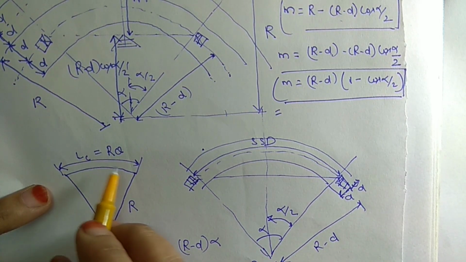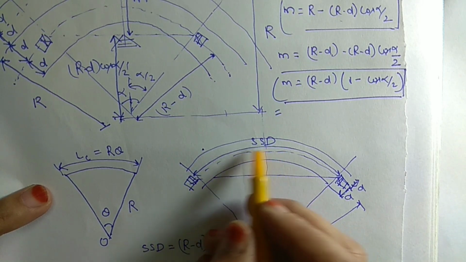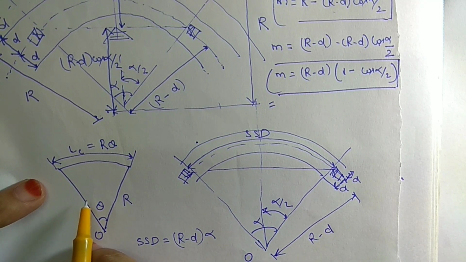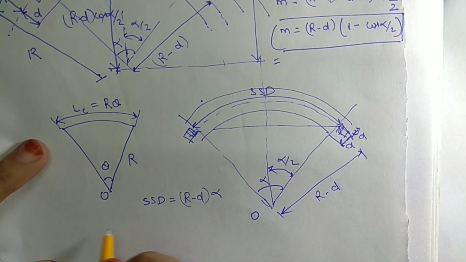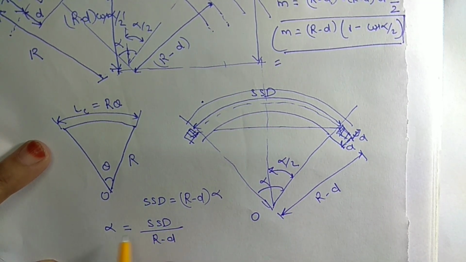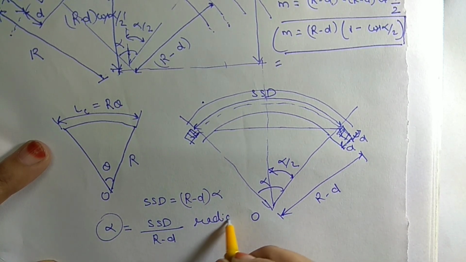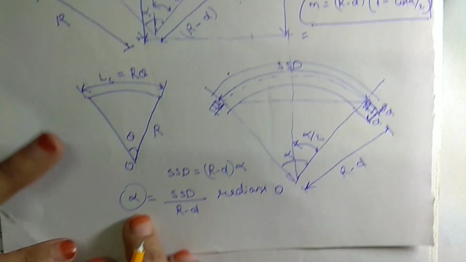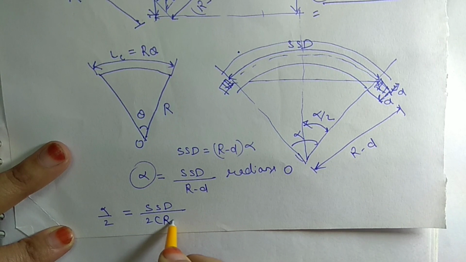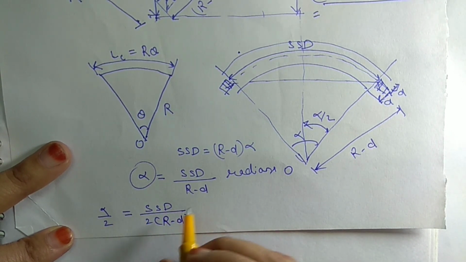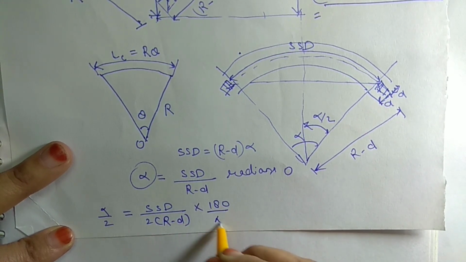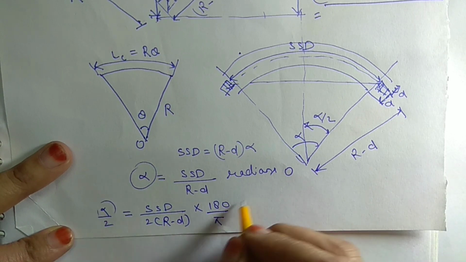So we can calculate alpha from this: alpha equals SSD upon (R minus D), and we get alpha in radians. Alpha by 2 will be equal to SSD by 2(R minus D) simply. If we need it in degrees, we multiply by 180 by pi, so we get alpha in degrees.